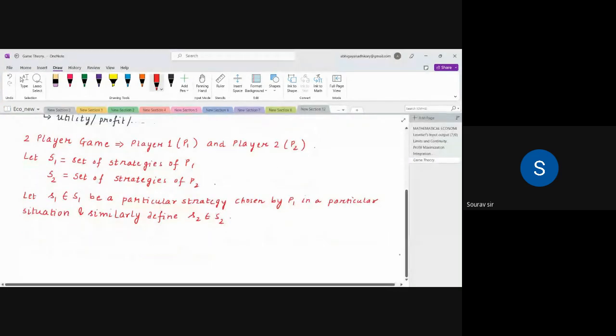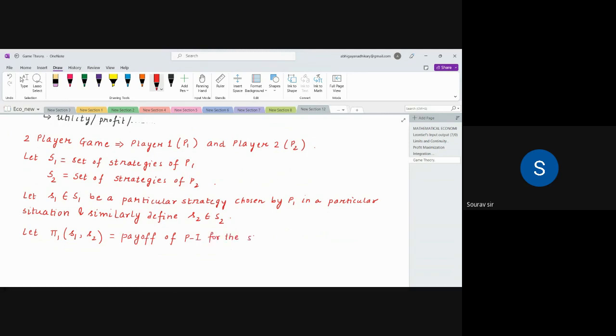Therefore, let pi1, which is a function of not only small s1, his strategy, but also the strategy taken by the other player, be the payoff function of player 1 for the strategy profile s1, s2.